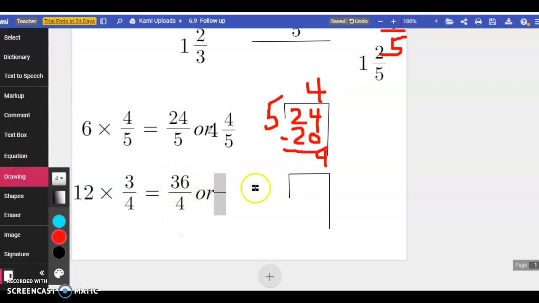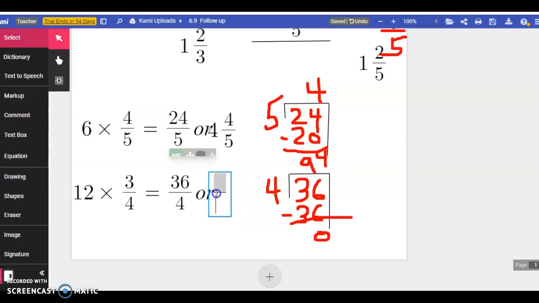Again, it's an improper fraction. 4 into 36 goes 9 times. 4 times 9 is 36. Nothing left over. So it's not even going to be a fraction. It's just going to be a 9.